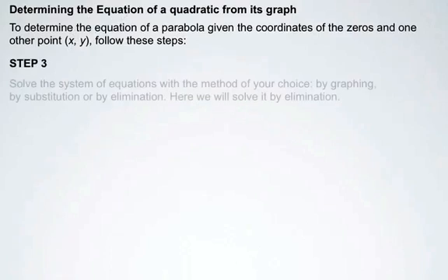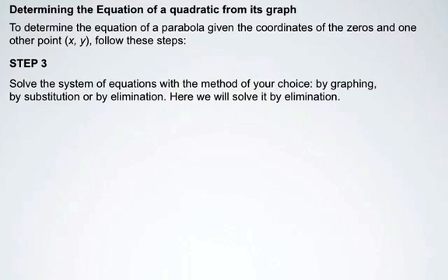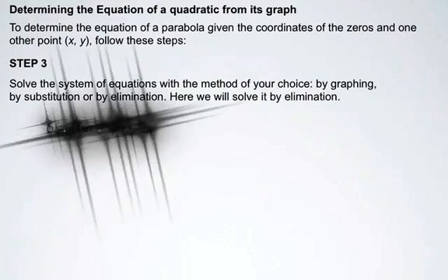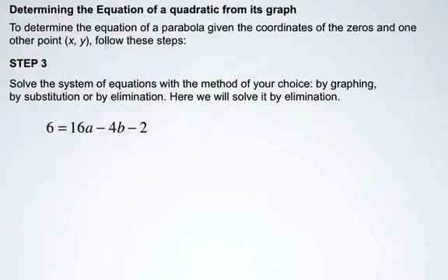Step 3. We're going to solve the system of equations with the method of your choice, by graphing, by substitution, or by elimination. Here we will solve it by elimination. So we have our first equation using x1, y1.